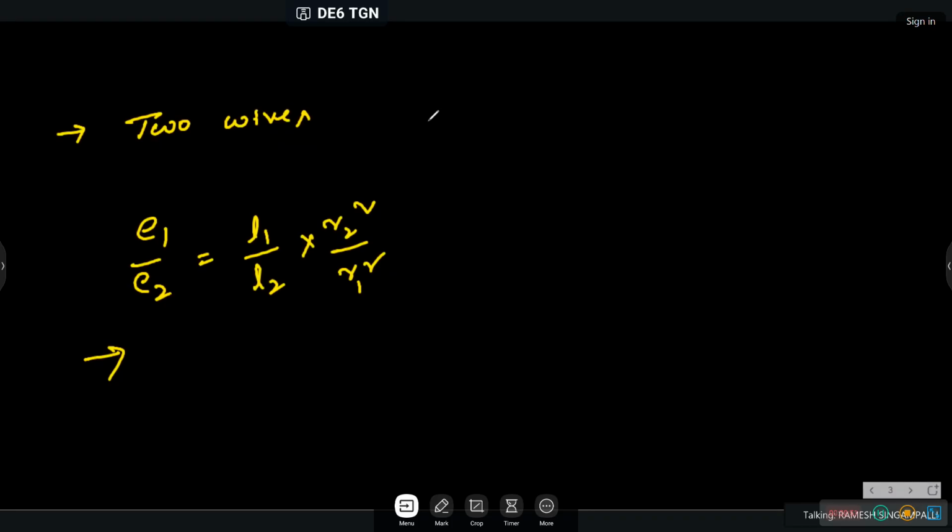Two wires of the same material, having lengths L1 and L2 and masses M1 and M2, are subjected to the same force.